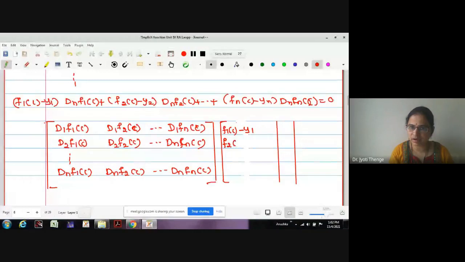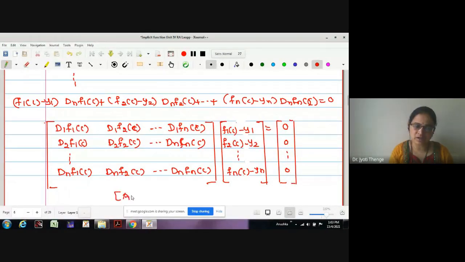Second variable, f2(c) minus y2. So on. Last variable is fn(c) minus yn, is equal to 0, 0, dot up to 0. Therefore, this is of the type A into X is equal to 0.